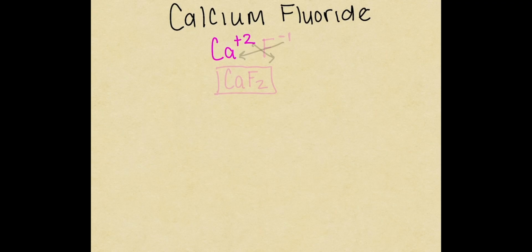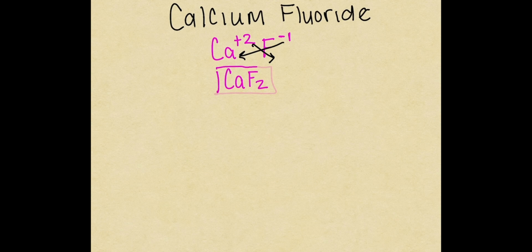For calcium, it is +2. Then the symbol for fluorine is F, and the oxidation number is -1. When you swap and drop, your formula is going to be CaF2.